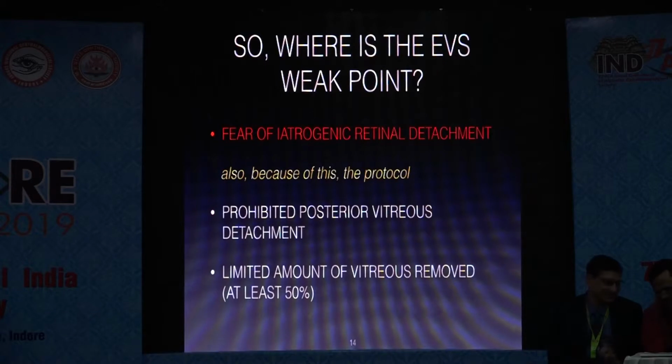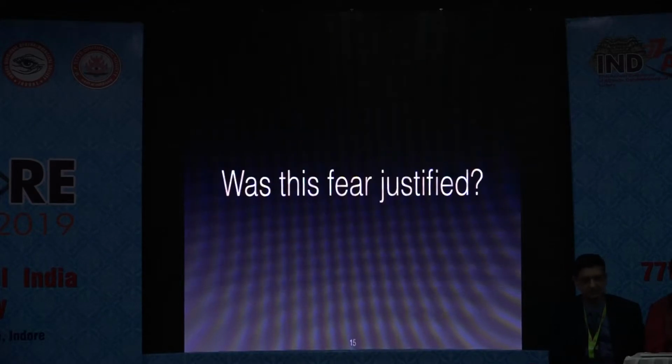Obviously, if you're removing 50% of the vitreous, which vitreous do you remove? The one that is away from the retina, the one you can reach first. So actually, you were not doing anything to salvage the retina. You were just removing some vitreous. You were doing what I would call an enlarged, augmented vitreous tap. Was this fear justified? No, it wasn't.